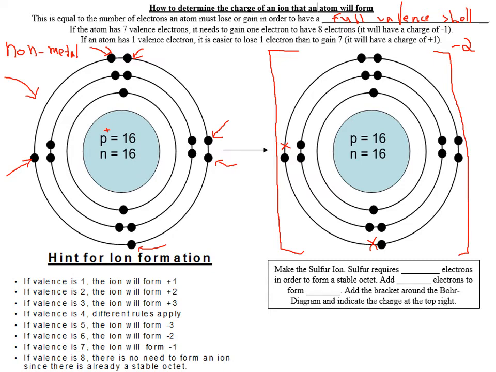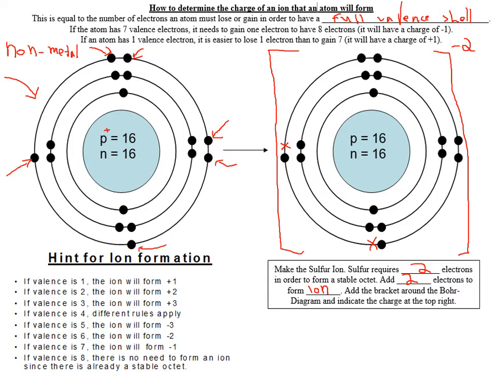So sulfur requires 2 electrons in order to form a stable octet. You add 2 electrons to form the ion. Then you add the brackets, and then you put the charge on the top right. So if it gained 2 electrons, it's -2.